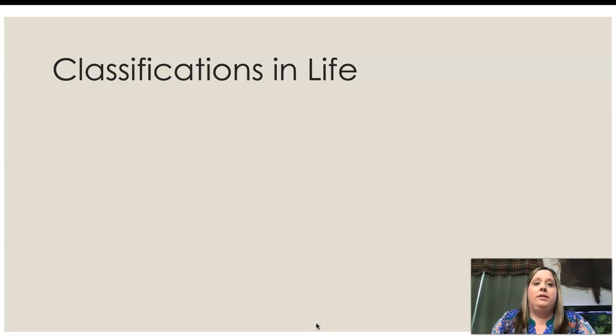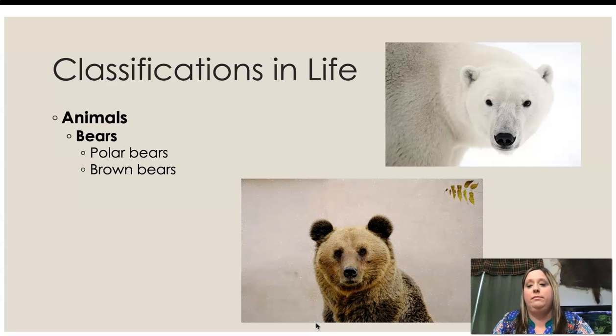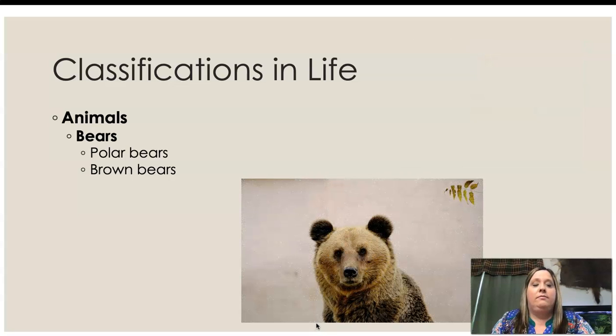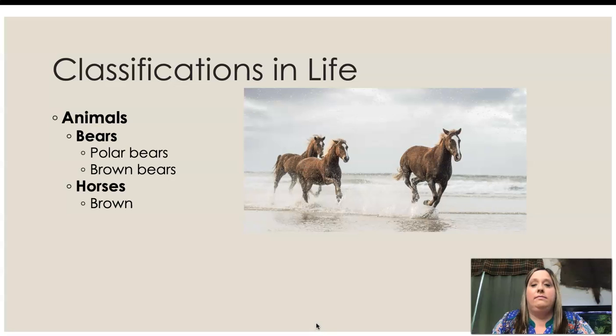So first, we're going to look at different classifications in life, some things we're already familiar with. So animals, for example. Bears, there's polar bears, which are usually white in color, and brown bears, which are usually brown in color. You can also classify animals as horses. There are brown horses.